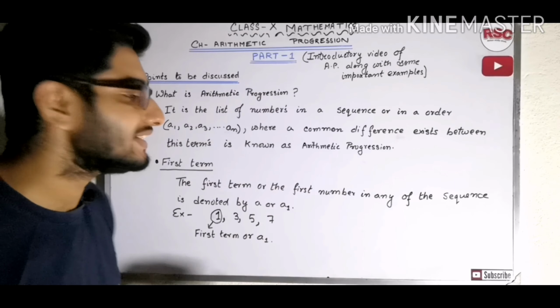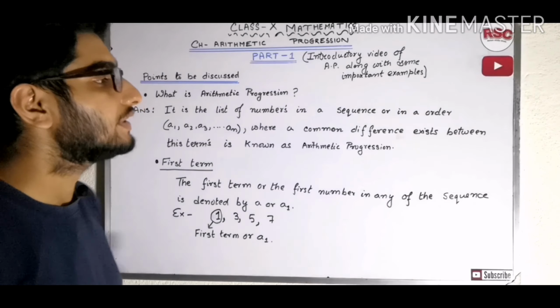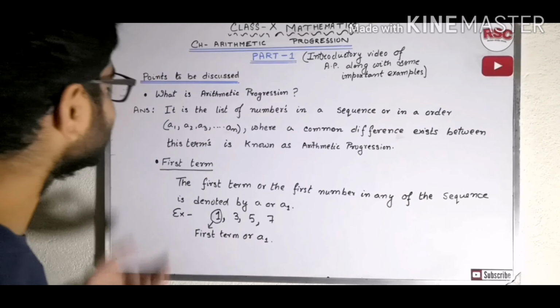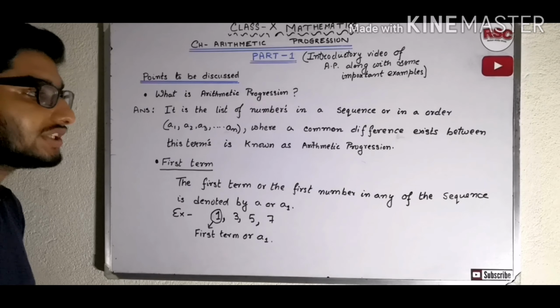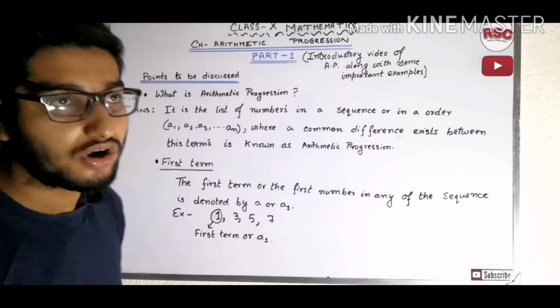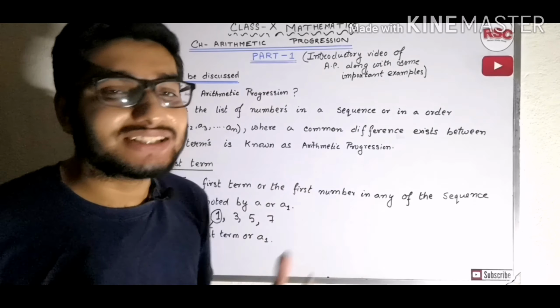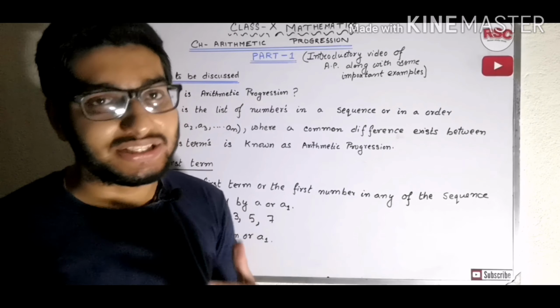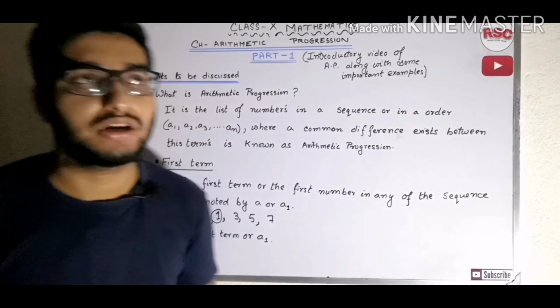Common difference is the difference between these two numbers. I will be coming to it later. Common difference existing between these terms is known as arithmetic progression or AP. Now students, AP is a sequence or group of numbers where there must exist a common difference, meaning the gap between the two numbers must be the same.